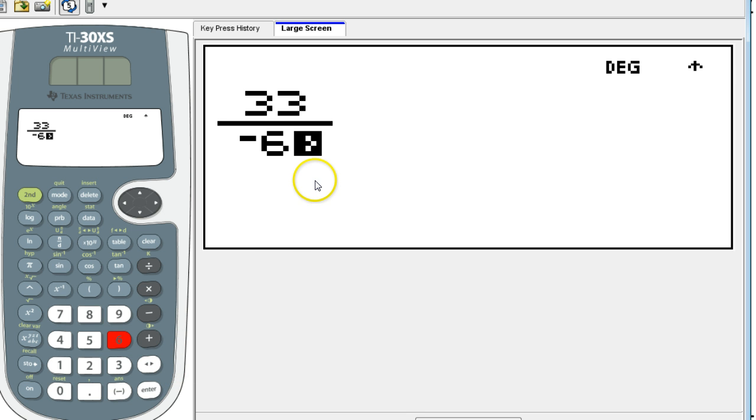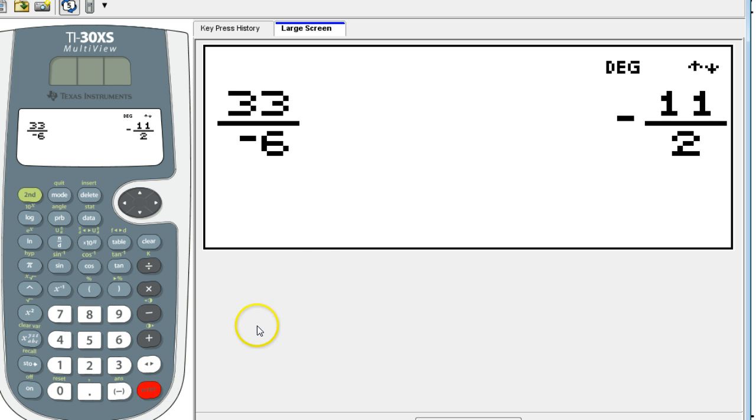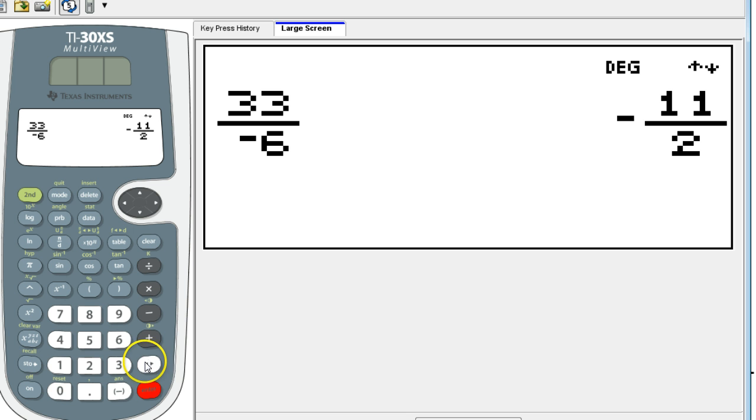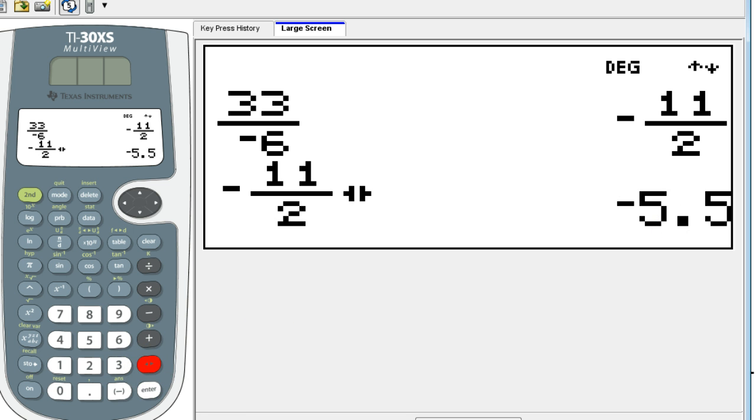Now I'm reaching for my calculator because ultimately I'm going to have a decimal. But for right now, I have -11 halves, which of course as a decimal is -5.5.